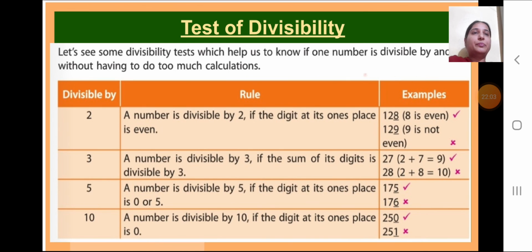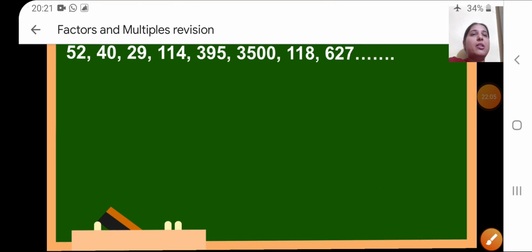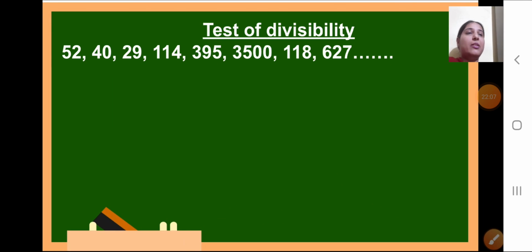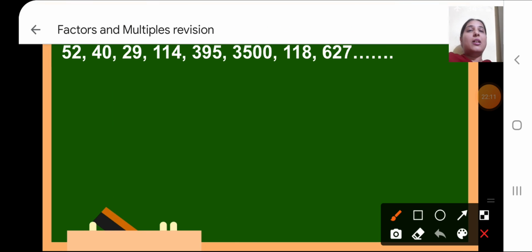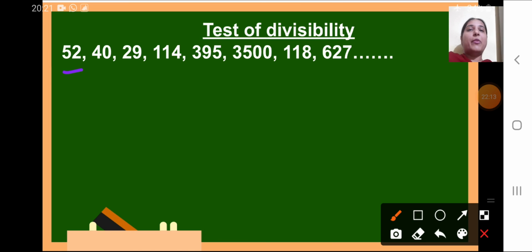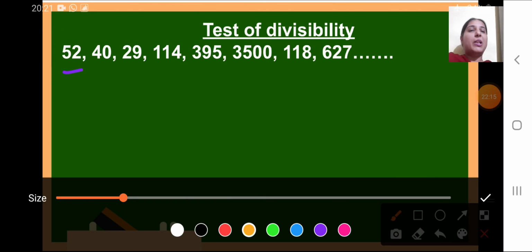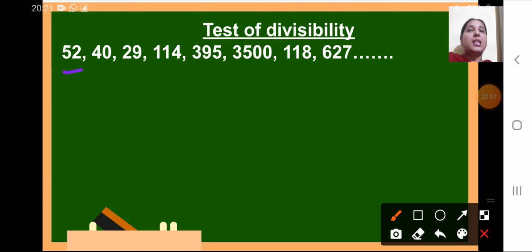Okay. Now, children, some numbers are given here and you have to tell me. Let's see this number 52. Will it be divisible by 2? Yes, it will be divisible by 2. Will it be divisible by 3? Yes or no? You add the digits 5 plus 2, which is 7.